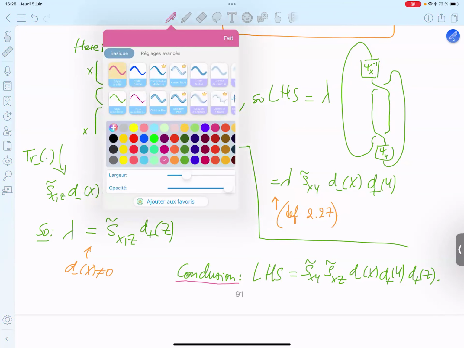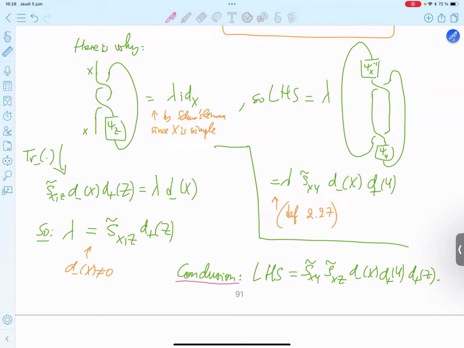For the future, we will refer to this method of evaluating lambda as the small star, because in some next proofs we will also use this trick.